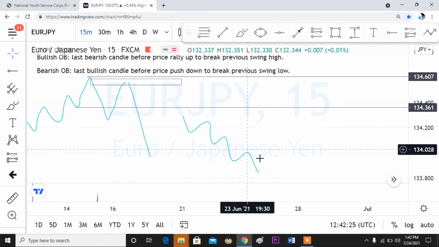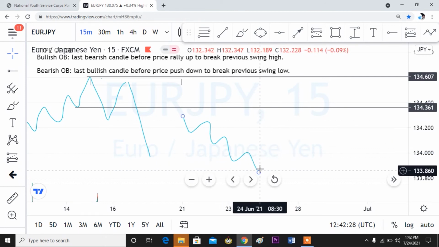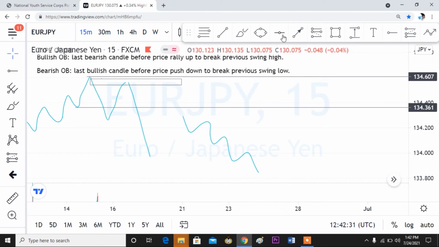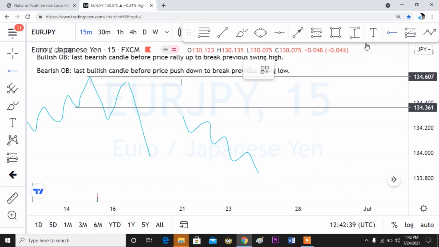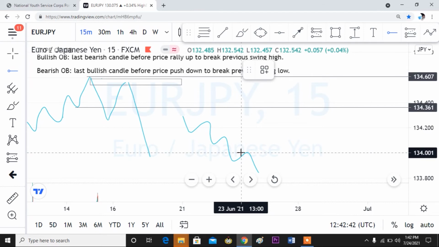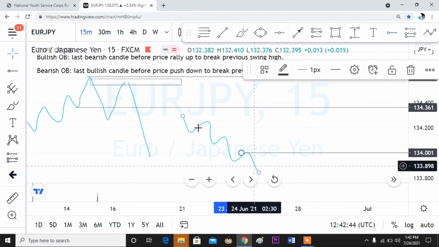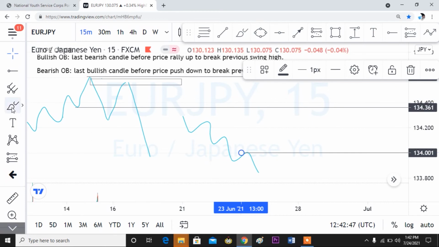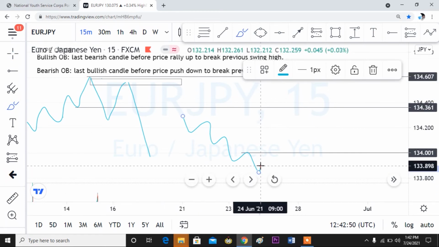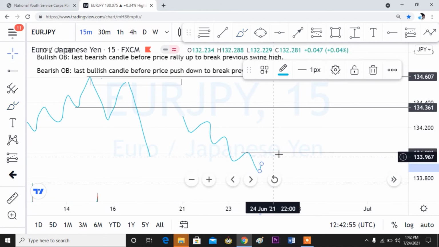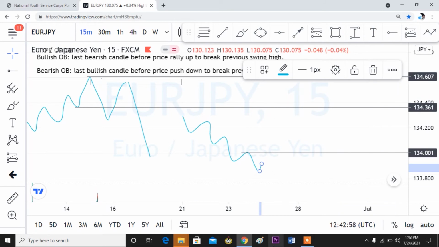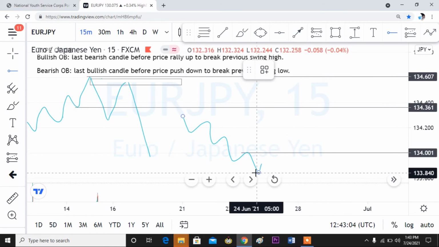All we have to do is to identify the swing low and also to identify the swing high. So we bring out our tool. Let's say this is the swing high. Let's use this instead. So we have the swing high here, and let's say the market started retracing to the upside. So we have the swing high and we have the swing low.